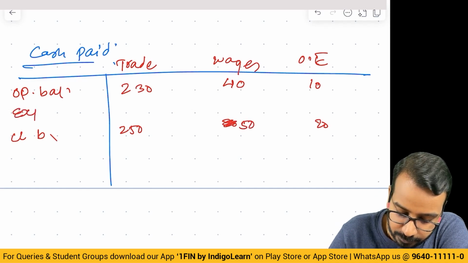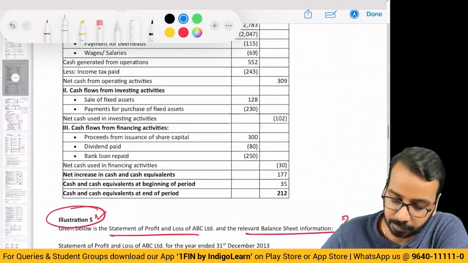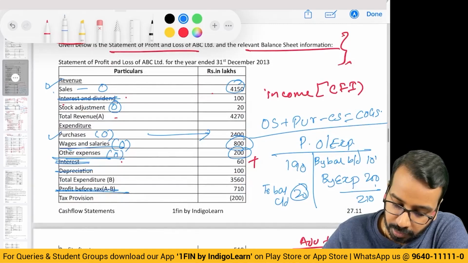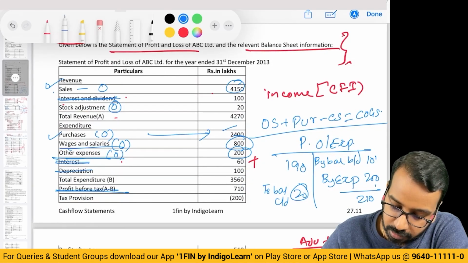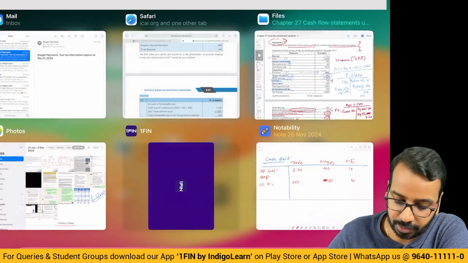What is the expense? Expense you will get from P&L. Purchases 2400, wages 800 and other expenses 200.